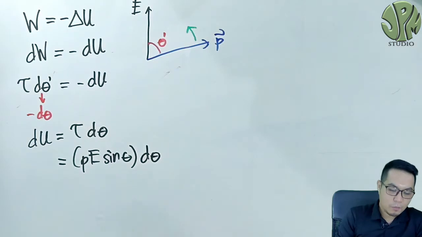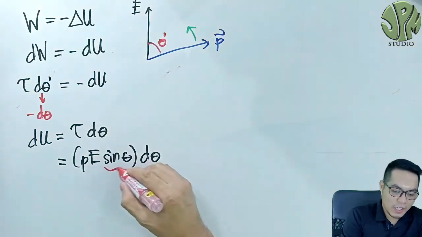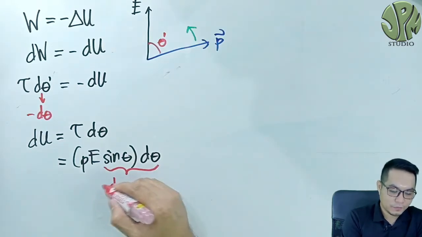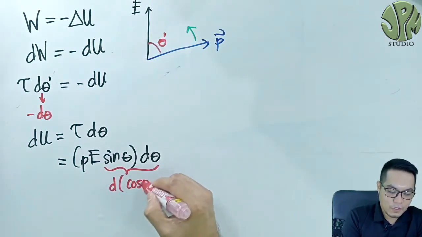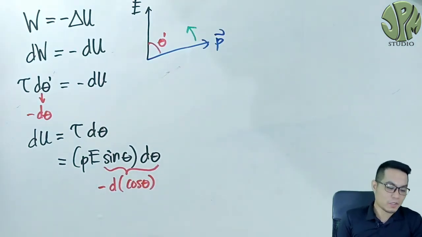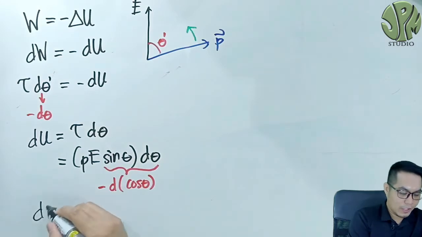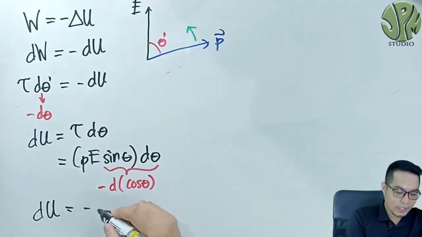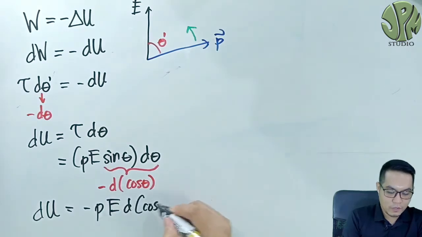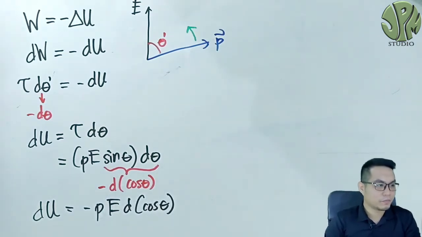Now, the term sine theta d theta is just the negative differential of cosine theta, right? The derivative of cosine theta is negative sine theta. So sine theta is the negative derivative of cosine theta. So we can now have our dU as negative PE times the differential of cosine theta.